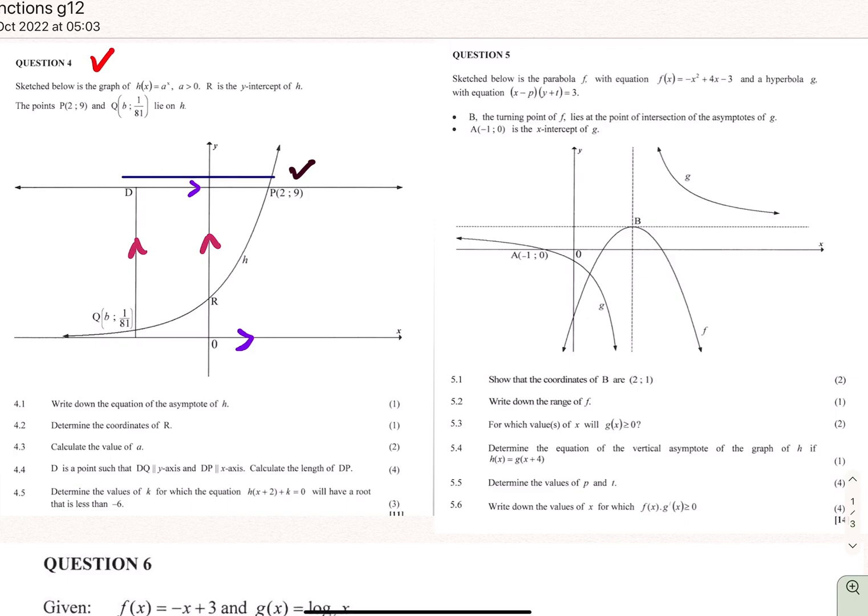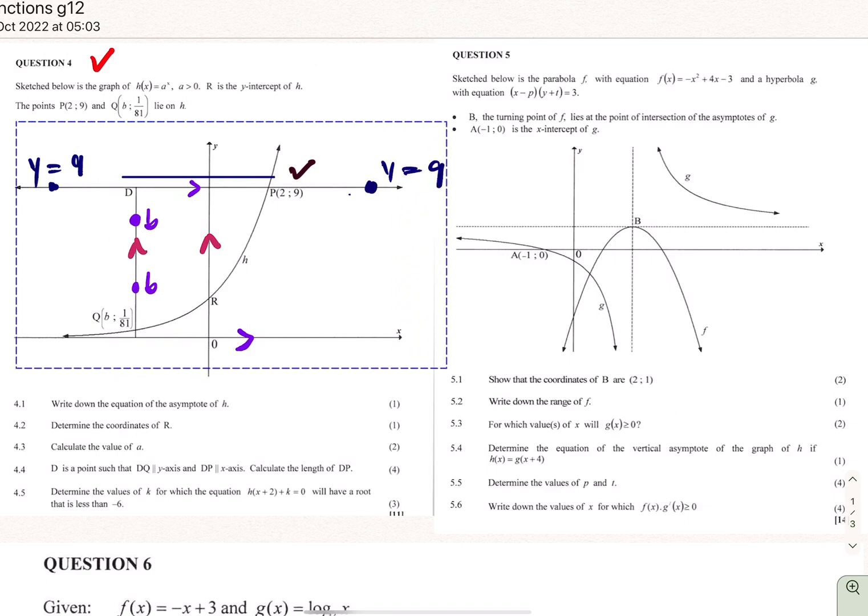That means y remains constant throughout. It means even at the point here, y is still 9. But for the x situation, this point here, x is still B, and then here, x is still B. This is the meaning of parallel to the y-axis, or rather to the x-axis.